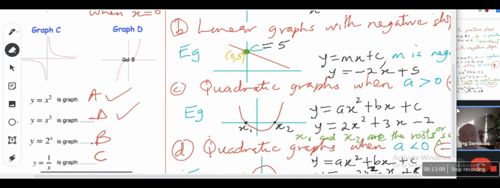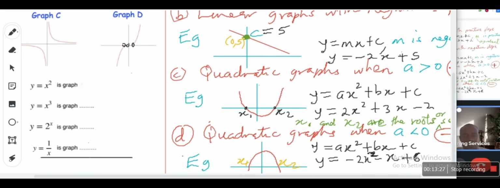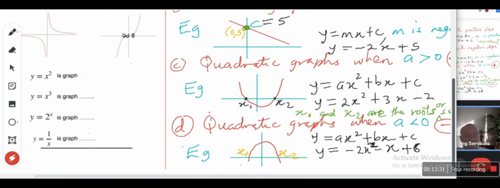Then let's look at quadratic graphs. Quadratic graphs will form a curve. It could be a U or an N. The general equation of a quadratic function is y equal to ax squared plus bx plus c. You know that.